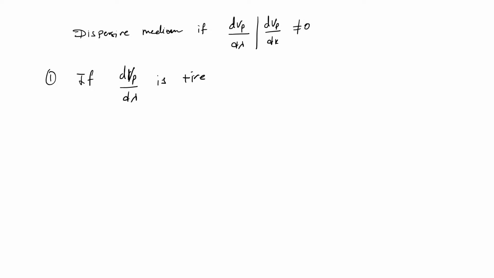If dVp over d lambda or dVp over dk is non-zero, then case number 1: if dVp over d lambda is positive, then the group velocity will be less than phase velocity, and that condition is for normal dispersion.